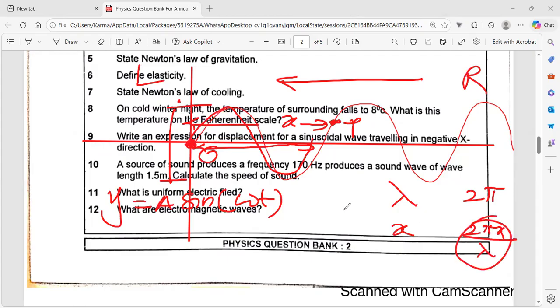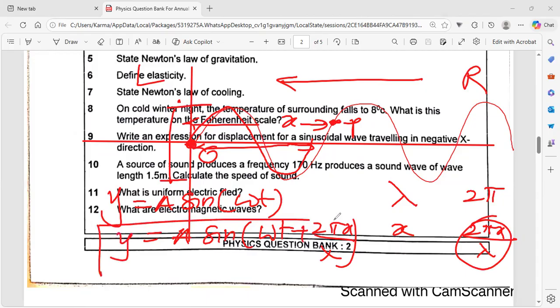So it is led by the phase 2 pi x upon lambda. So it will be sine omega t minus 2 pi x upon lambda. It's not minus. It leads by the phase, so I should add plus. So this is going to be the equation of a particle in a sinusoidal wave traveling along the negative x direction.